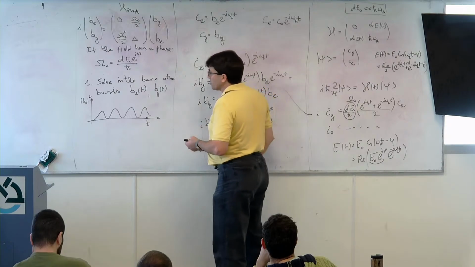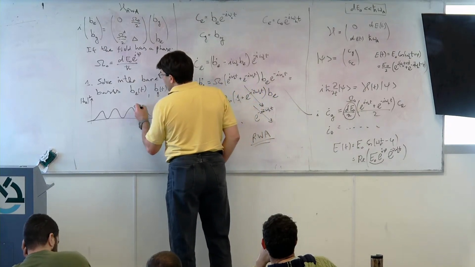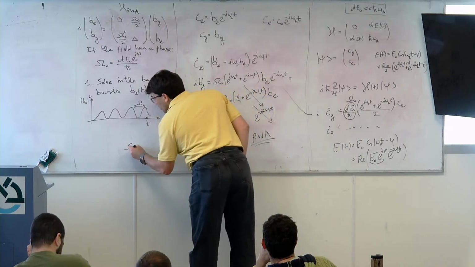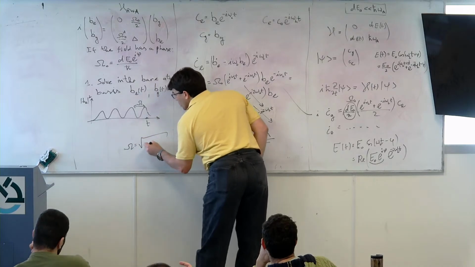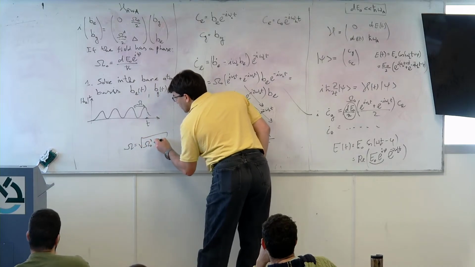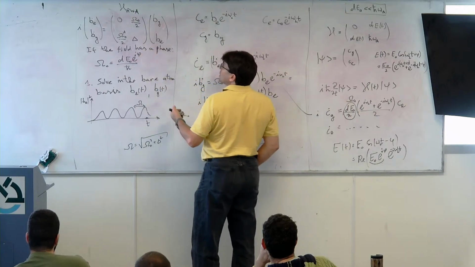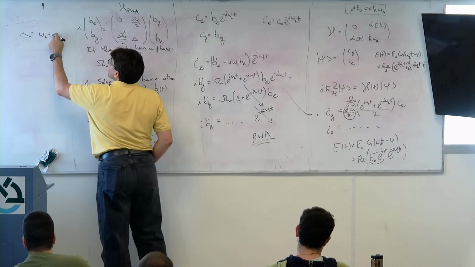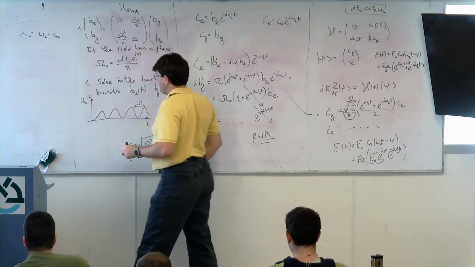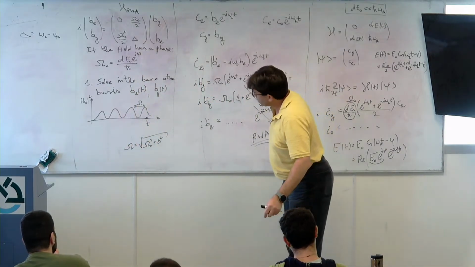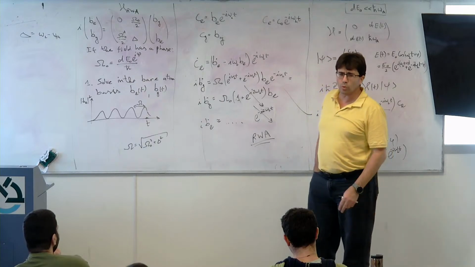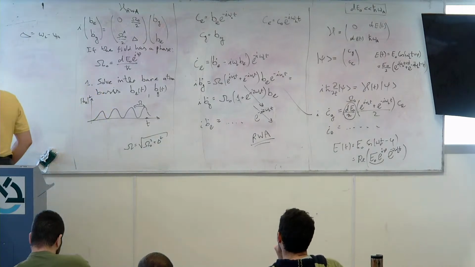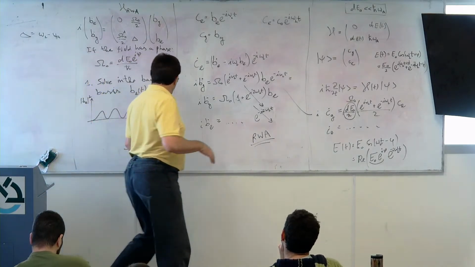It is oscillating at a frequency of omega. Omega and omega 0 are related but not the same. Omega equals the square root of omega 0 squared plus delta squared. The detuning delta is omega laser minus omega atom. And if I forgot a half or a quarter or something like that, forgive me. It's not the critical part.